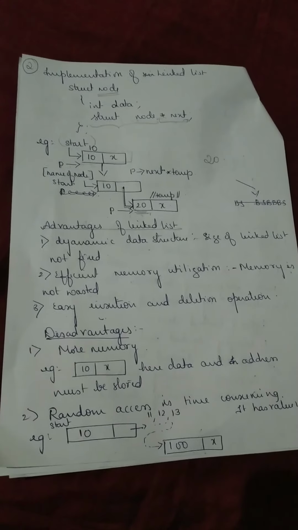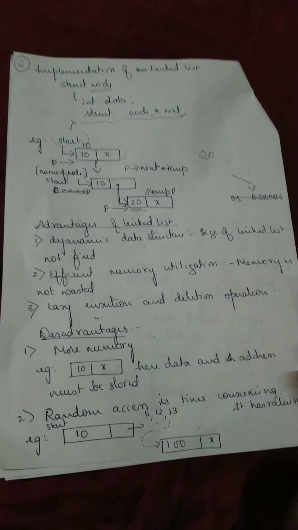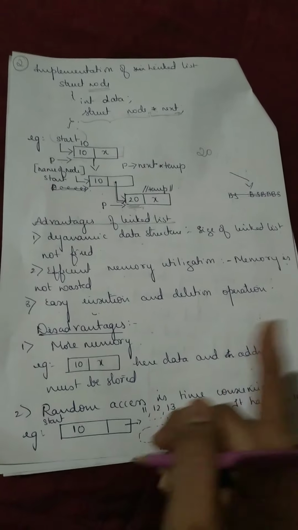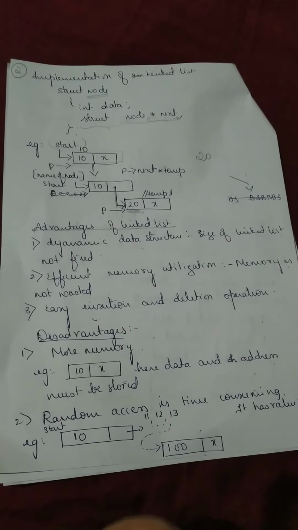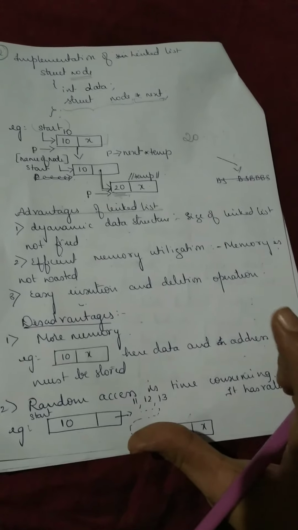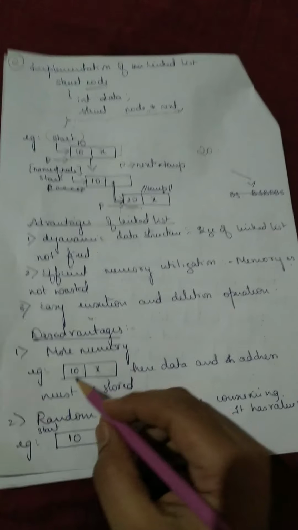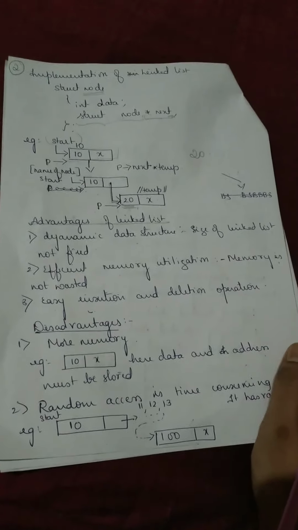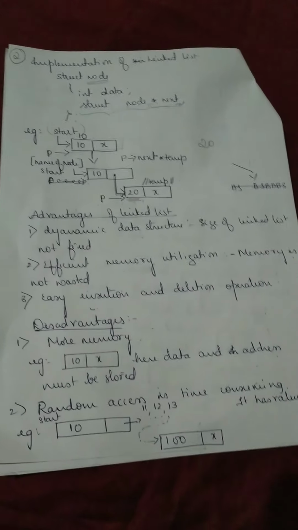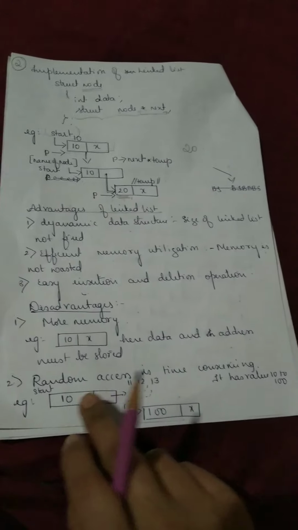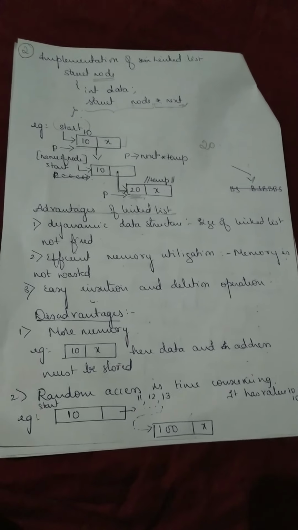What are the disadvantages? More memory. Yes, here data and address must be stored for each node, so more memory is required to store a single piece of data information with data and address. Random access is time consuming.